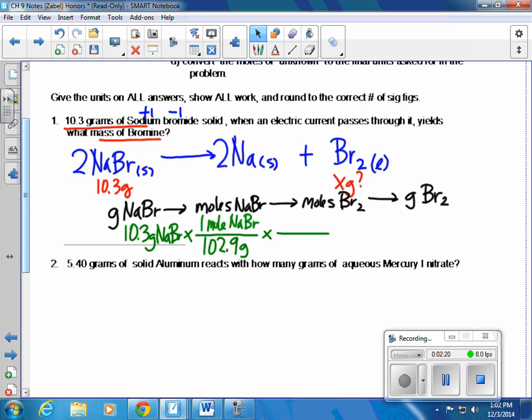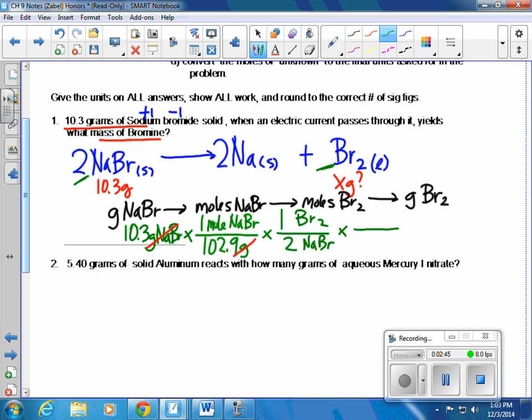So I can see that my grams of sodium bromide cancel out. Now I'm in moles, and I want to go to unknown over known. So I look up my balanced equation, and I have 1 mole of bromine to 2 moles of sodium bromide. So unknown, 1 bromine, 2 sodium bromide, 2 moles. That's going to cancel out.